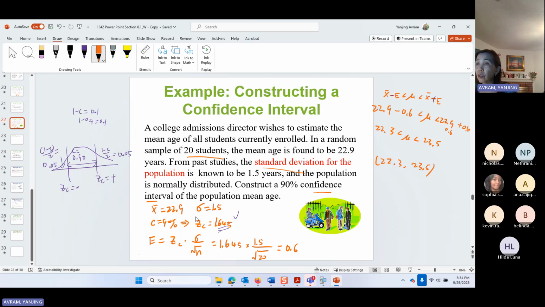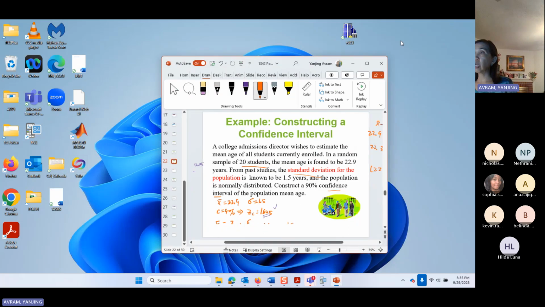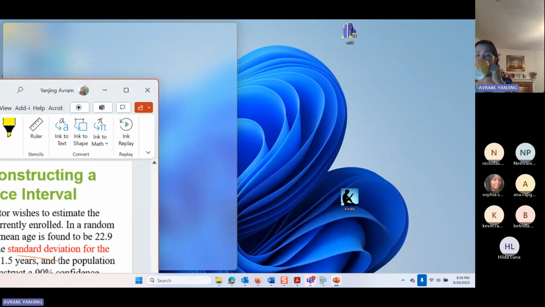Sometimes it might just ask you to find a critical value, z-score, or a margin of error. If you know how to find z and E, you just plug them into the formula and find the interval easily. But if you just want the entire interval, there's one way to do the entire thing from the calculator. That's what I'm going to show you.